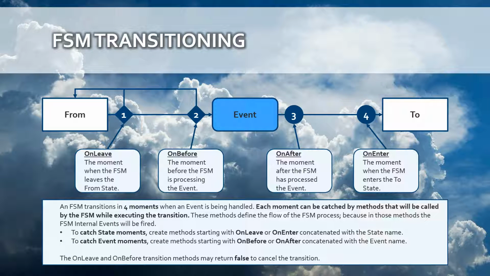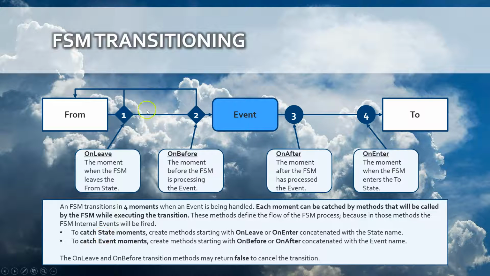On leave is the moment when the finite state machine leaves the from state. On before is the moment before the finite state machine is processing the event. On after is the moment when the finite state machine has processed the event. And on enter is the moment when the finite state machine enters the to state.